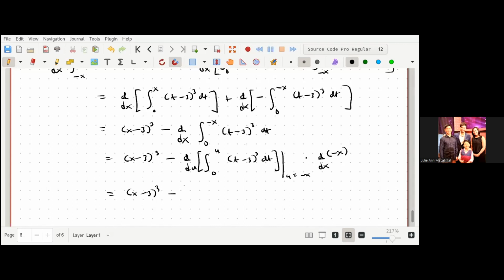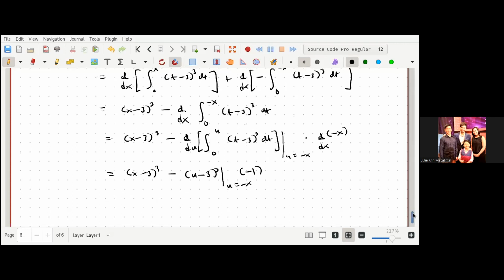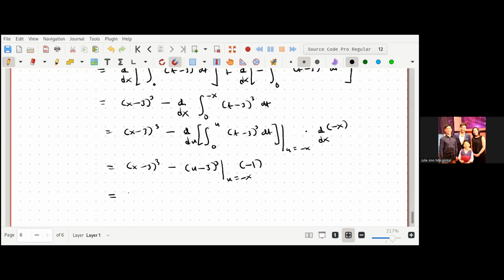So ang derivative with respect to u is u minus 3 cube evaluated at u equal to negative x. Negative x in derivative, that's just negative 1. And we get x minus 3 cube minus negative x minus 3 cube. Negative times negative, that becomes positive. And then yung negative can be brought out.